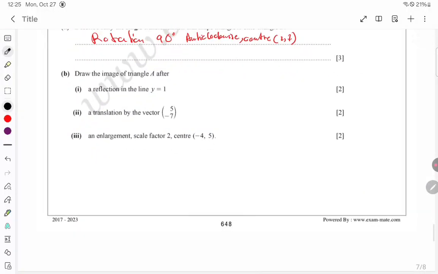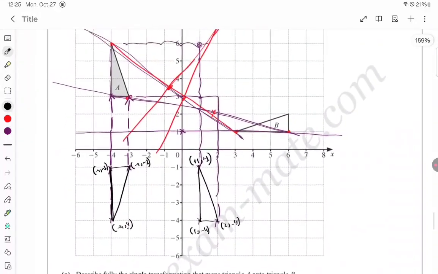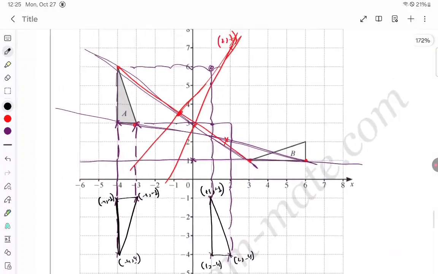Now in part 3, an enlargement of scale factor 2 with center negative 4, 5. Negative 4, 5 will be here.